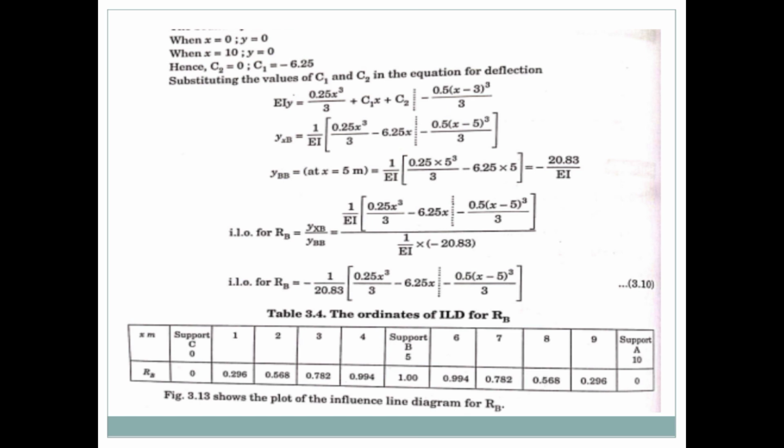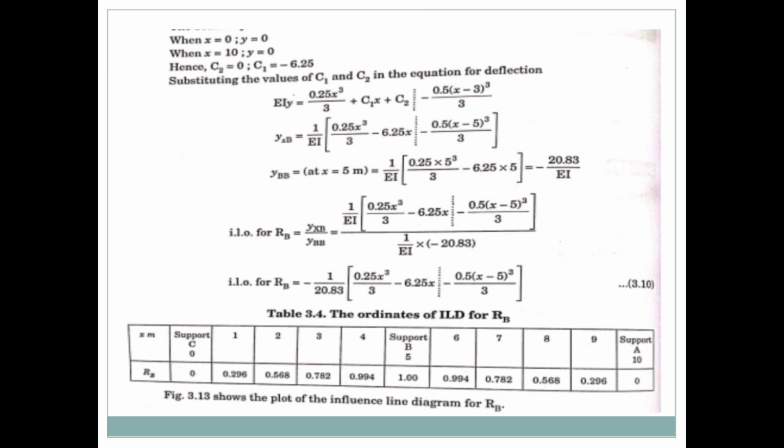This is YBB. The influence line ordinate for RB is equal to 1 by 20.83 into 0.25 x cube divided by 3 minus 6.25 x minus 0.5 (x minus 5) cube divided by 3. This is the final deflection equation.